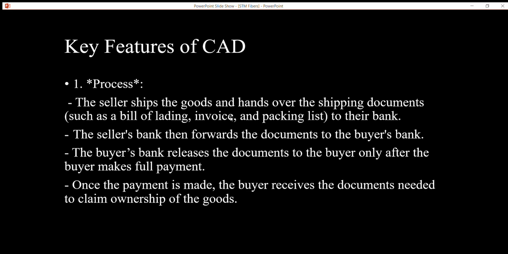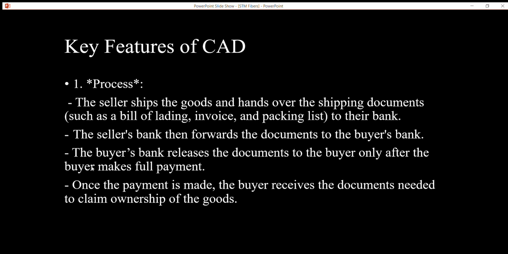In the third step, the buyer's bank releases the documents to the buyer only after the buyer makes full payment. That is a very important point.